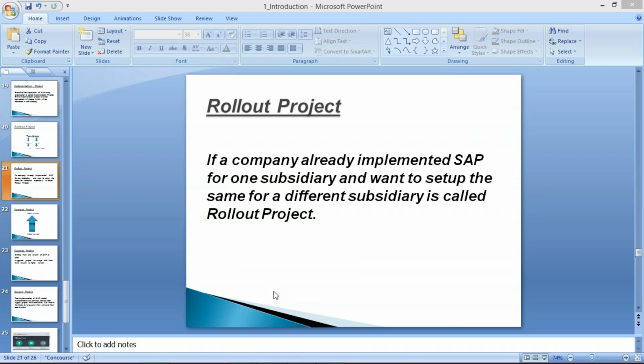In the sense, 60% or 70% of the configuration steps we follow during a rollout project. 30% we use from what was already done for the previous subsidiaries; those settings we are going to use. It is just theoretical for now, since we have not started practical. Once we start the practical session, guys, then you will understand very well.